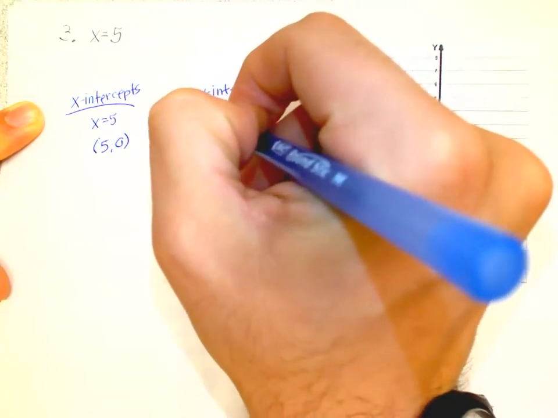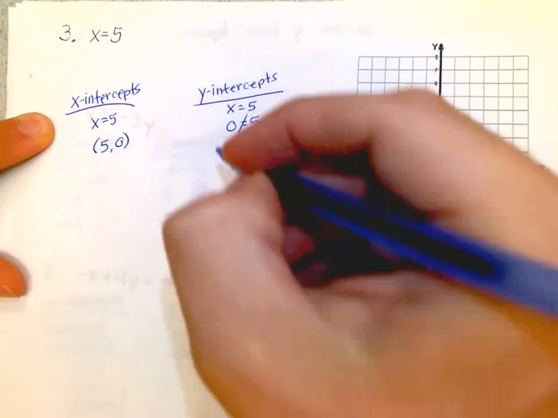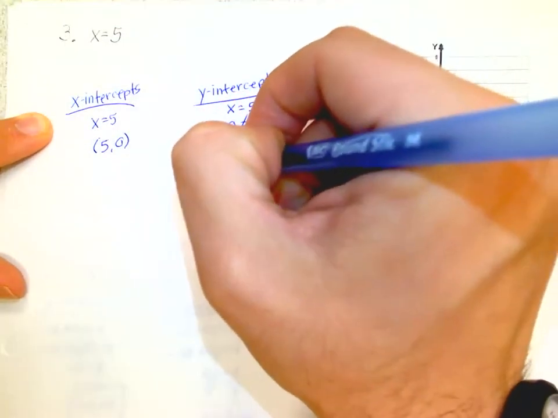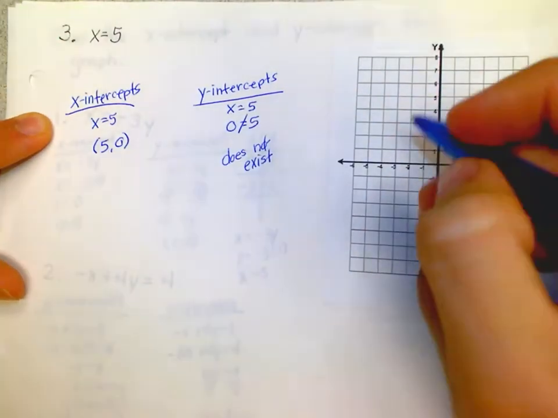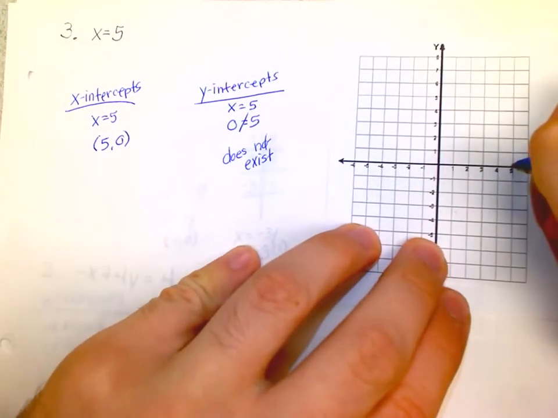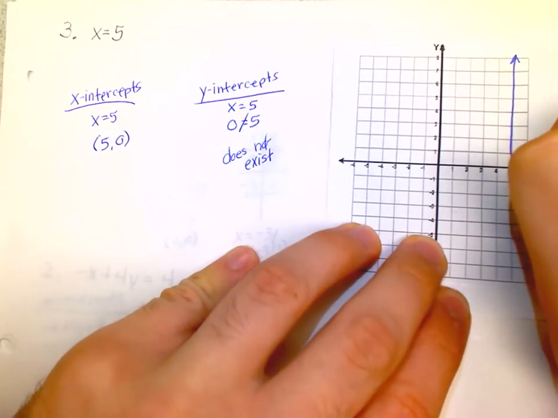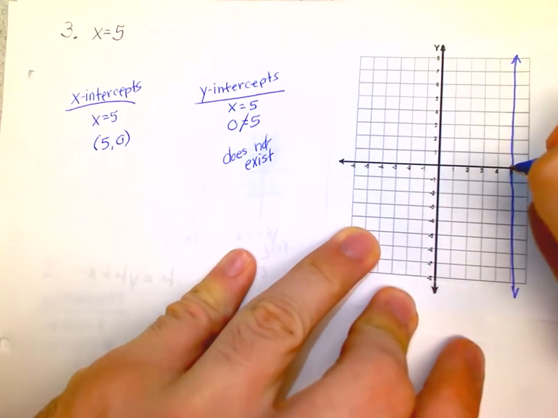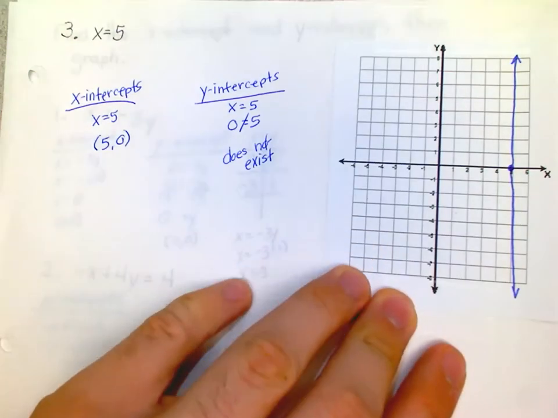If we plug a 0 in for x and solve for y, that does not make sense, so the y-intercept does not exist. So we know that the line will look something like this. Notice that it does not strike the y-axis at all, but it does strike the x-axis at exactly 5, 0, just as we predicted.